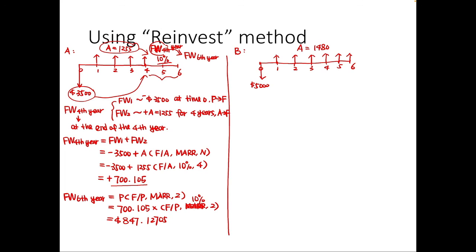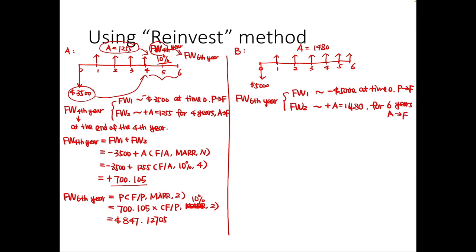So we'll just use the future worth method. FW 6th year consists of FW1, from the negative 5,000 at time 0, so it's to convert P to F. And FW2 is from the positive annuities of 1480 for 6 years, so it's to convert A to a future value.